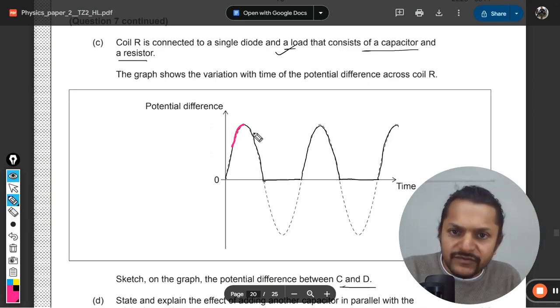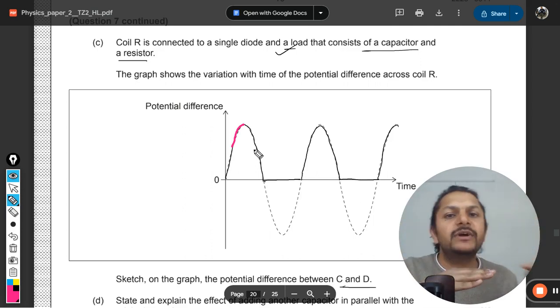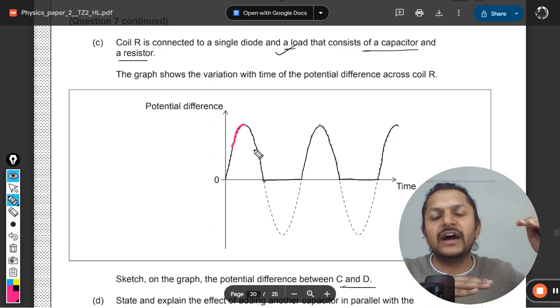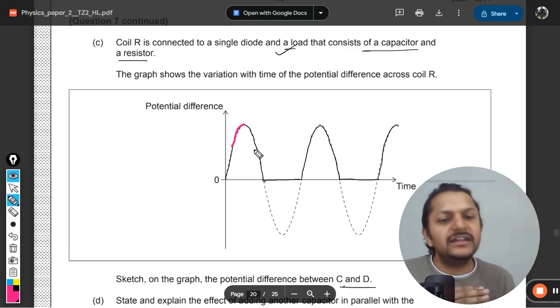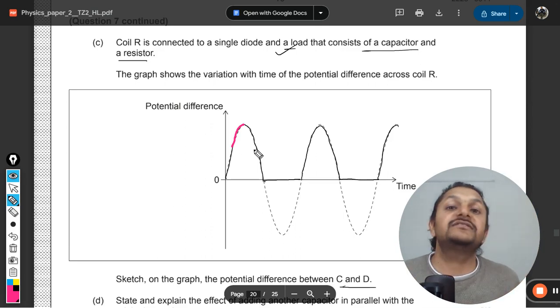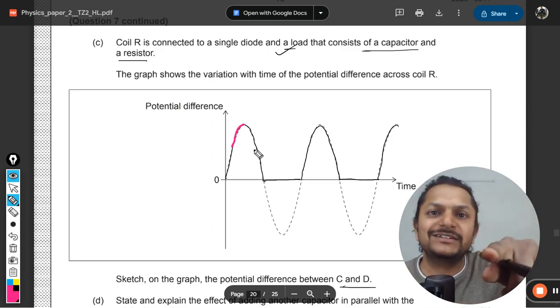But because of this weakening effect, the input voltage is reducing, but the voltage of the capacitor is already high. So instead of this input voltage, the capacitor is able to push the current through the resistor. It means that now discharging of the capacitor starts.